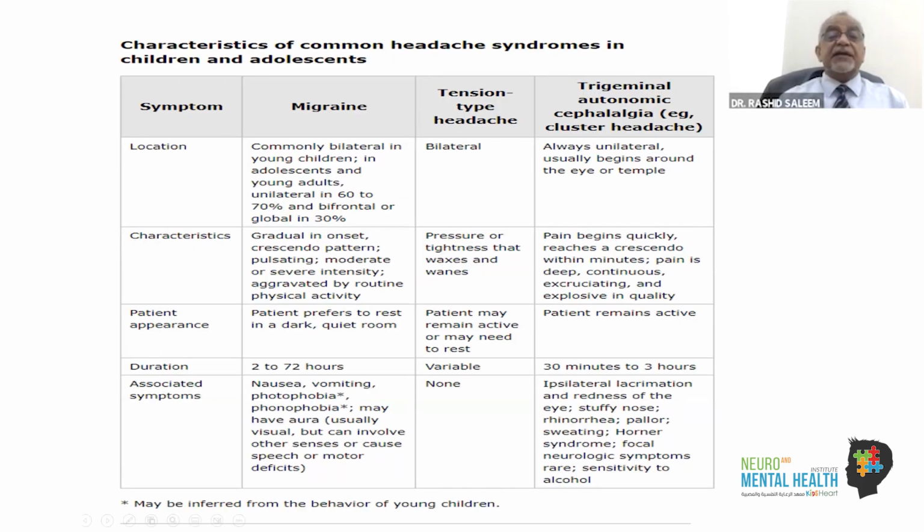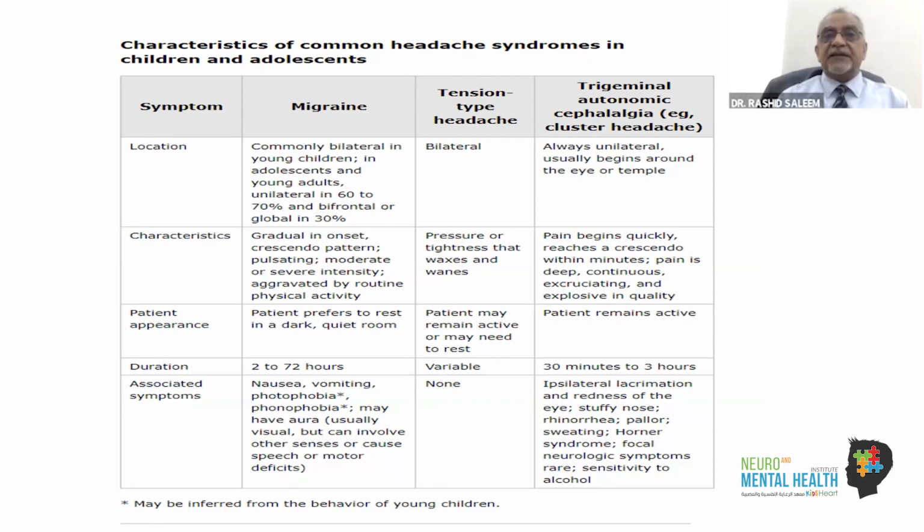The first three primary headaches which I mentioned, just a comparison for a better understanding. Location-wise, migraines in children particularly are bifrontal, but in adolescents and young adults, 70% of them are unilateral, but 30% are still bifrontal or global.